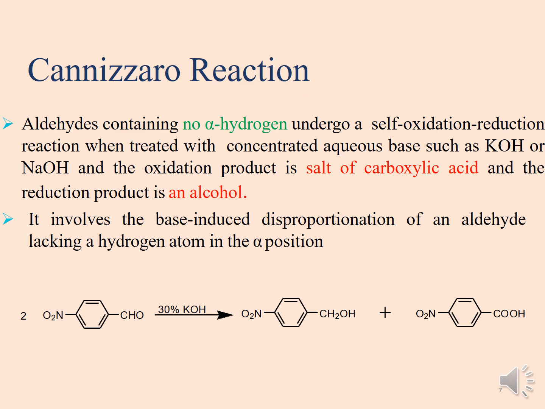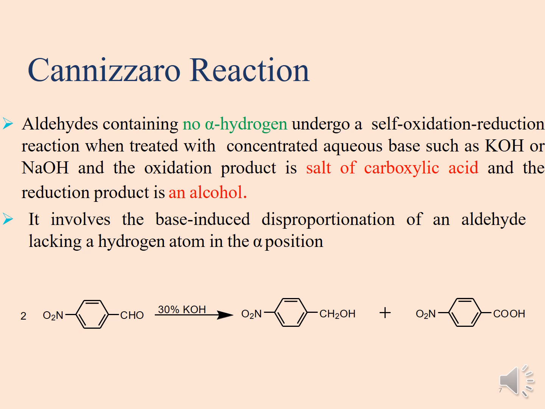Now, starting with the Cannizzaro reaction. In the Cannizzaro reaction, the aldehyde which contains no alpha hydrogen atoms undergoes a self-oxidation reduction reaction when treated with concentrated aqueous base such as KOH or NaOH, and the oxidation product is the salt of a carboxylic acid and the reduction product is an alcohol.